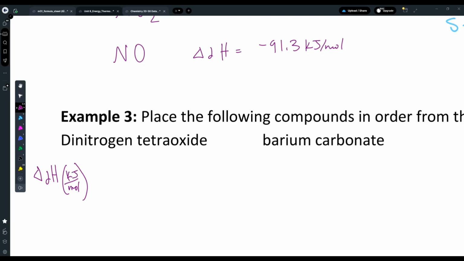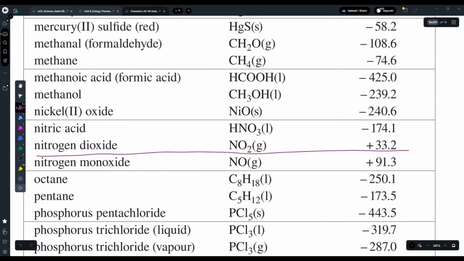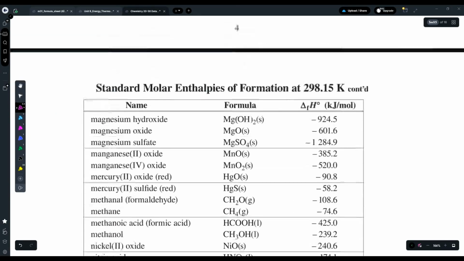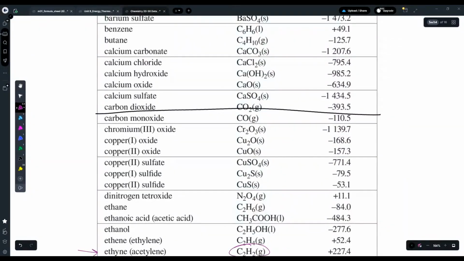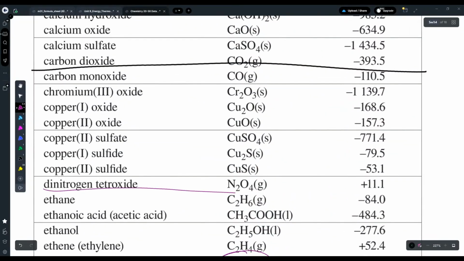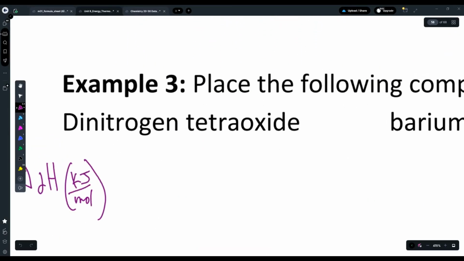Okay, so dinitrogen tetroxide, let's find that. So I'm finding it right here. So the molar enthalpy of formation is positive 11.1. So then we got to flip the sign. So that's negative 11.1.